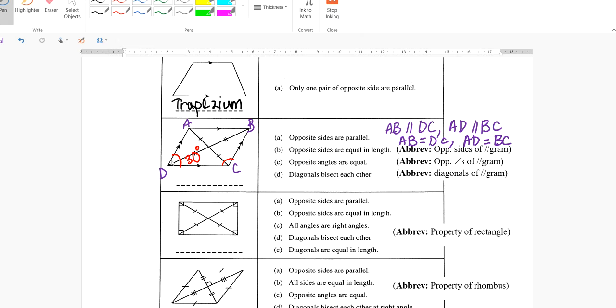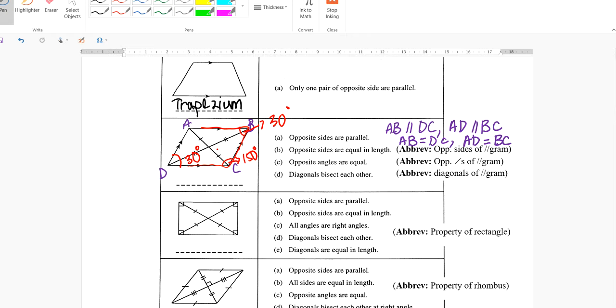This is the letter U, so how much will this be? 150. So 180 minus 30 is 150. Now look here. Is there a letter U also? So how much will this angle be? 180 minus 150, how much will you have? 30. So in other words, your opposite angles are equal. Understand the properties, don't memorize.